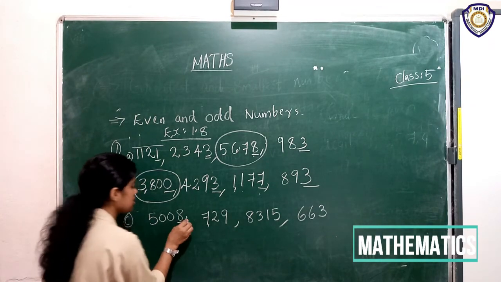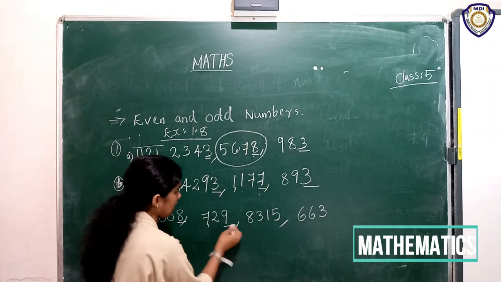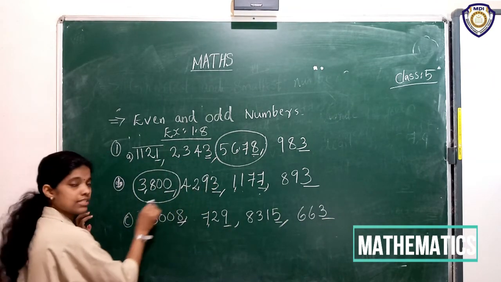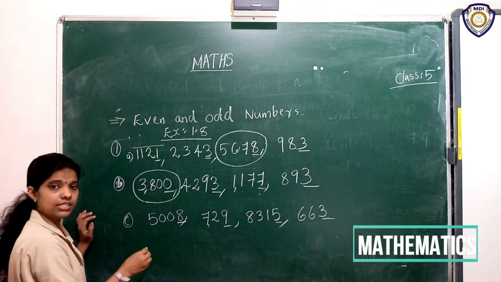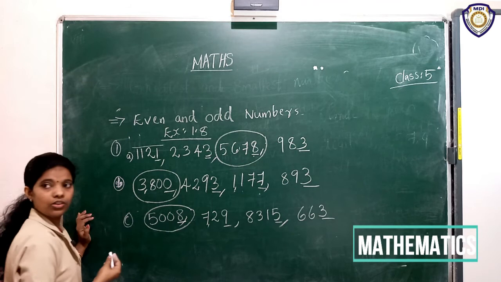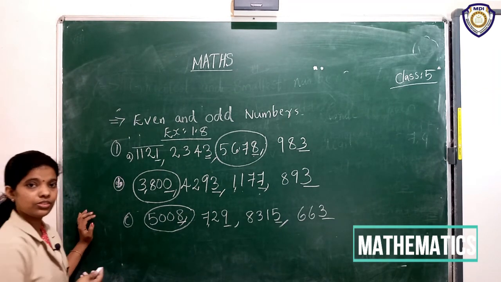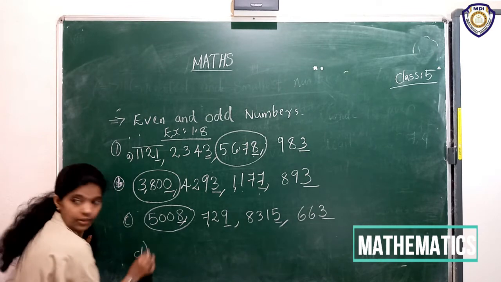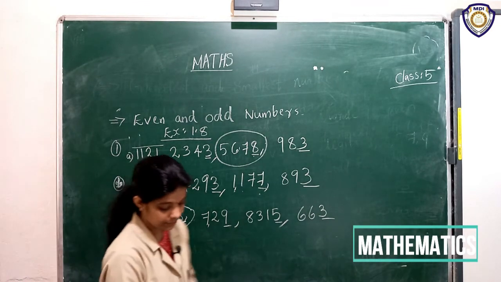Okay, the last digits are 8, 9, 5 and 3. 8 is the even number. Circle this number. Okay, next one, D.